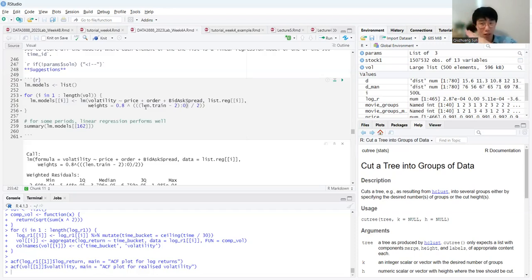So the weight just exponentially decreases. This code essentially computes such exponentially decaying weights. Then I tell the LM function this is the weight, and instead of running an ordinary least squares, it runs a weighted least squares, and we can find one model for each time point.